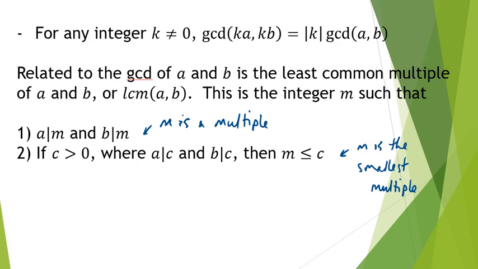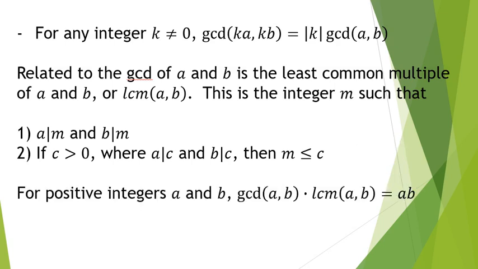And how are the GCD and the LCM related? It's actually kind of a neat little thing, something that you may or may not have heard of in the past. I'm guessing not. Why it is what it is will probably make a bit more sense as we get later on in the course.